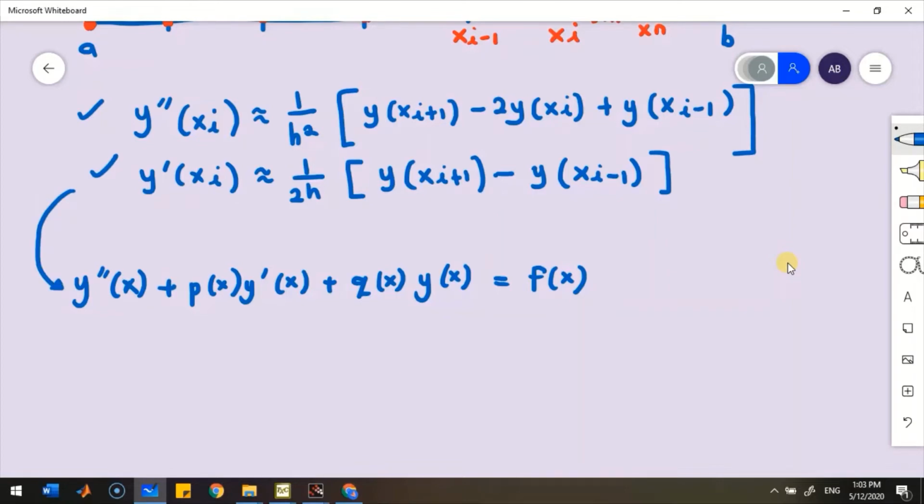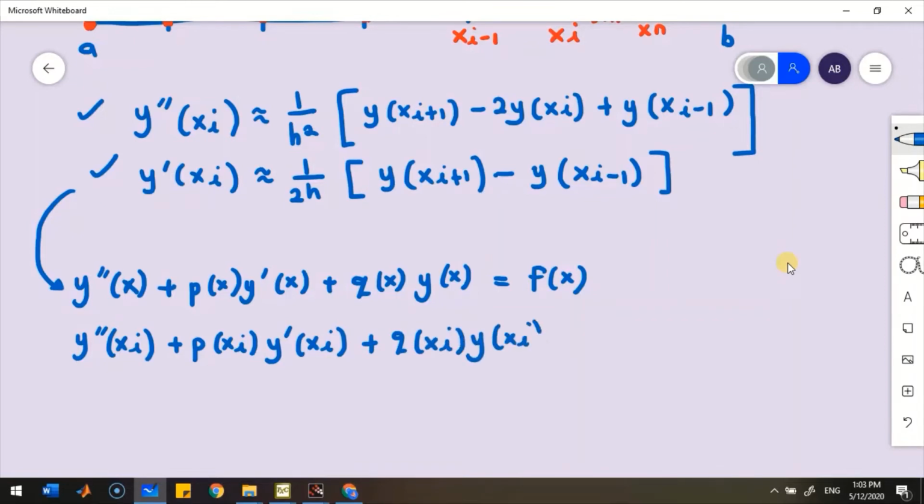Before that, you want to transform into the finite difference approach. So we have y double prime xi plus p xi y prime xi plus q xi y xi equals f of xi. Okay, we are doing good so far.